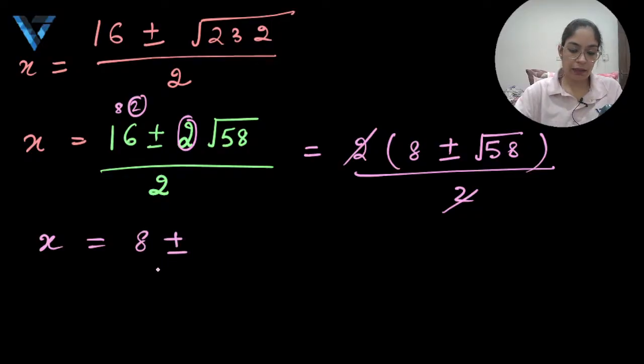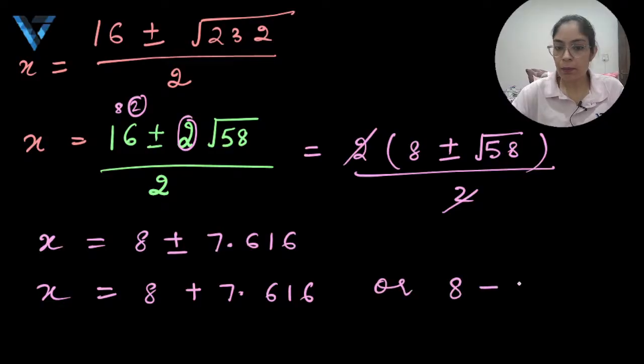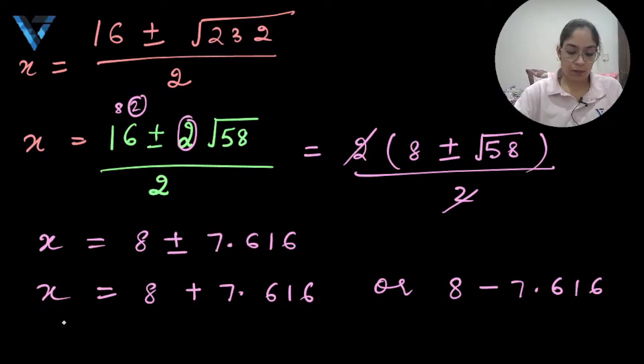Root 58's value is 7.616. So x is equal to 8 plus 7.616 or 8 minus 7.616. What is the value of x we will get? Here we will get 15.616.